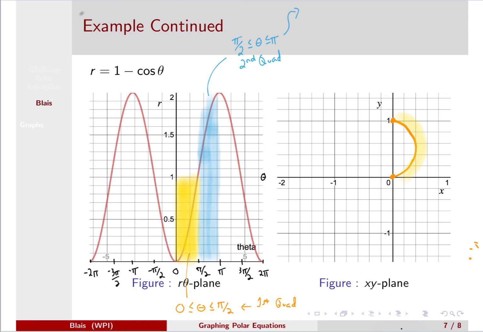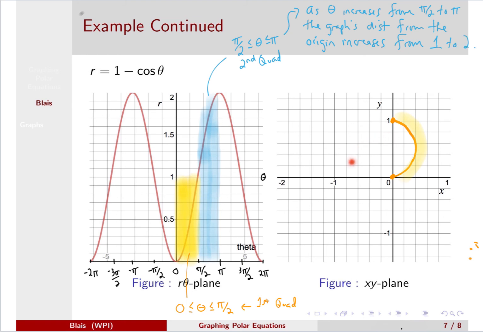The story told by this piece of the graph is that as theta moves, or increases, we should say, from pi over 2 to pi, r, or we can interpret r, the graph's distance from the origin, increases from 1 to 2.